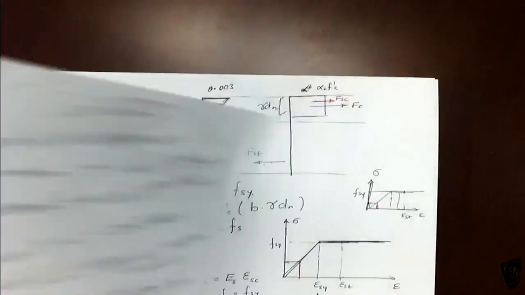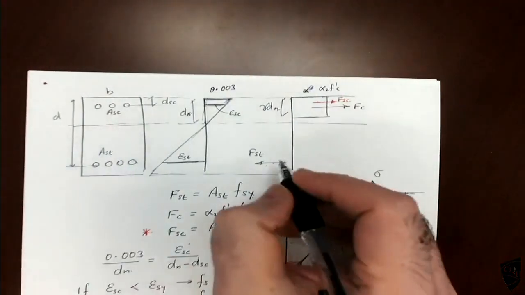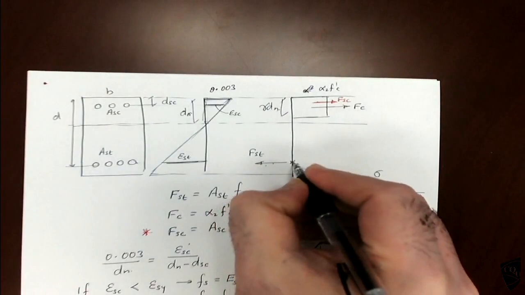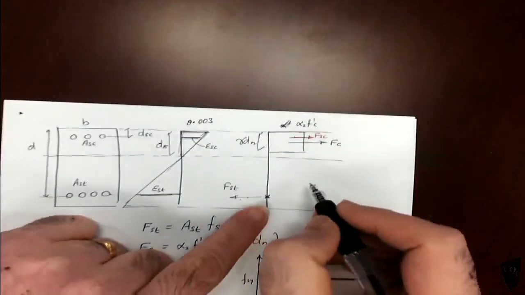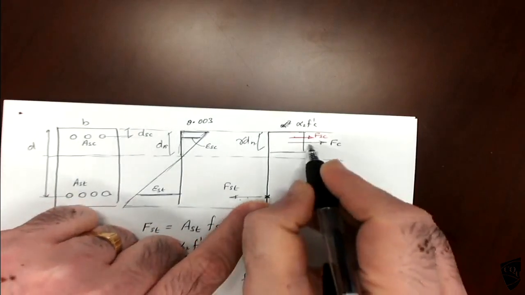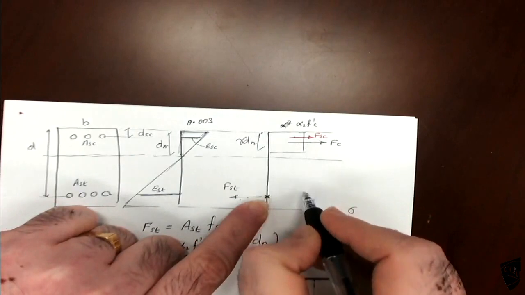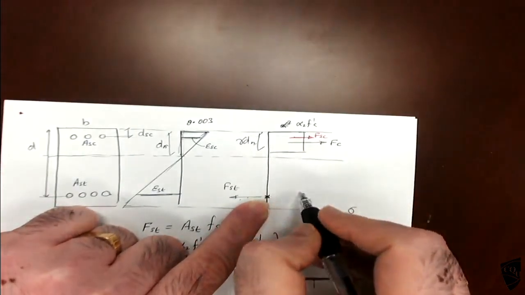Now we have a little bit different. The easy way is to take the moment about this point. So here, Fsc times this distance plus Fst times this distance.